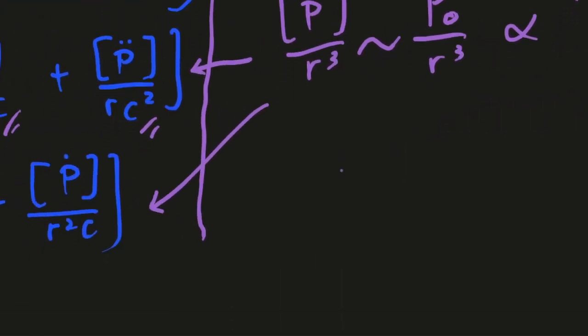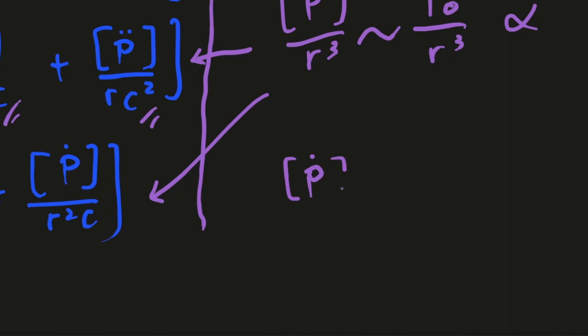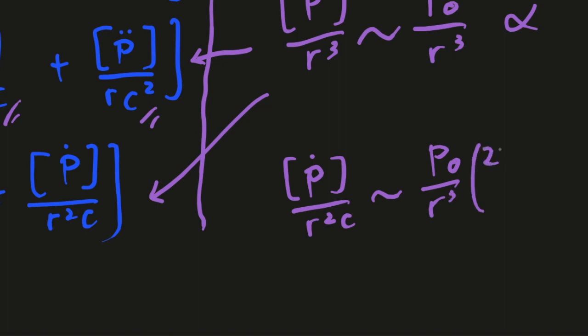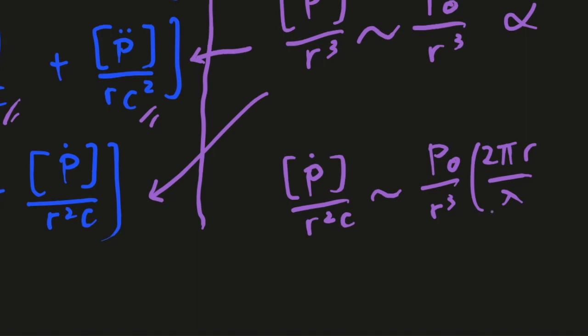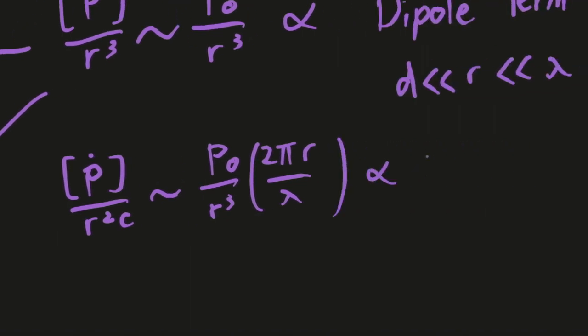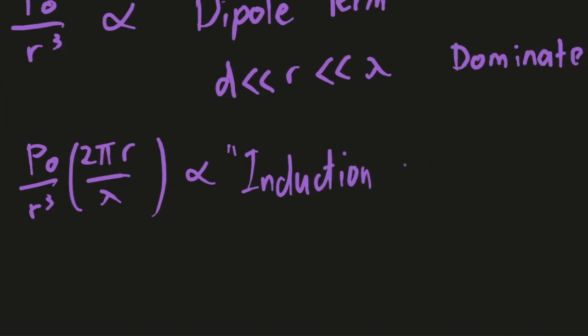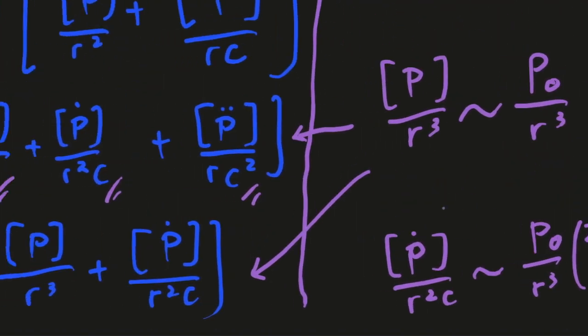Now, what about the second term? This p dot over r squared c term goes as p naught over r cubed times 2 pi r over lambda, and this is what we call an induction term. It's sandwiched between the r and the r cubed terms, so it's never going to dominate.